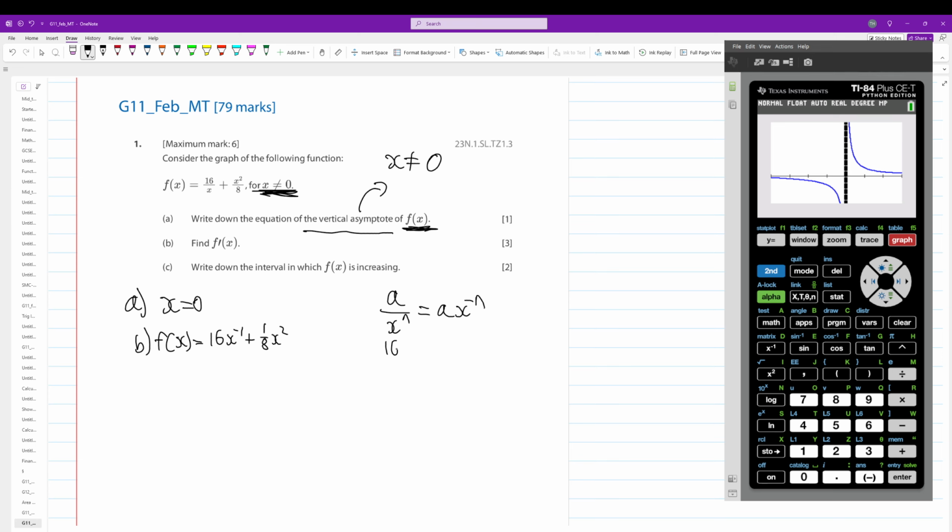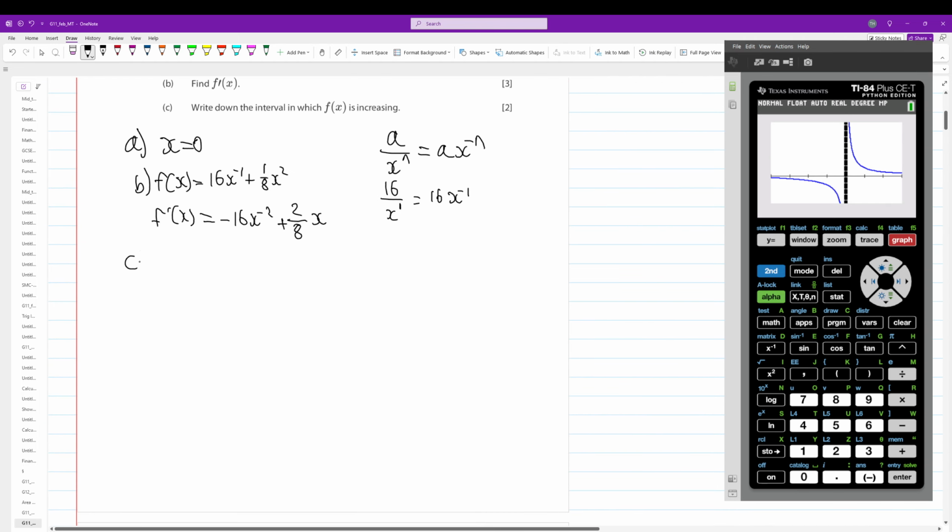So if I have 16 over x and there's secretly a 1 there, that will be 16 x to the negative 1. Now I can differentiate this. When I differentiate, I get negative 16 x to the power of negative 2, add 2 over 8 x.